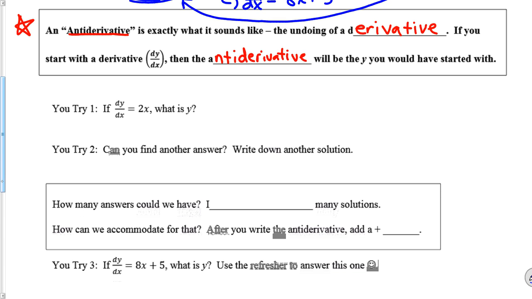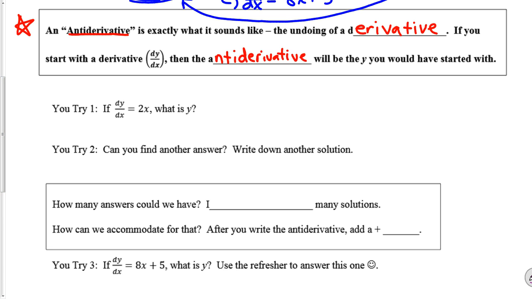So in this one, if dy dx is 2x, what is y? I'm not asking you to pause the video, but I'm asking you to do this problem now, please. Okay, so we know that my derivative is 2x.